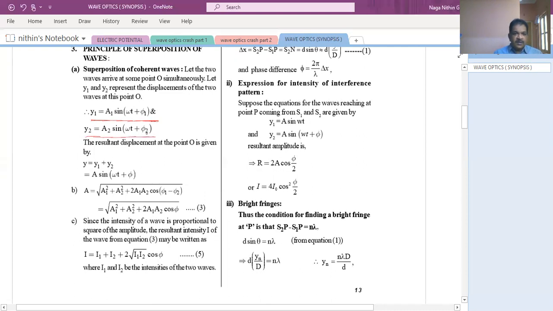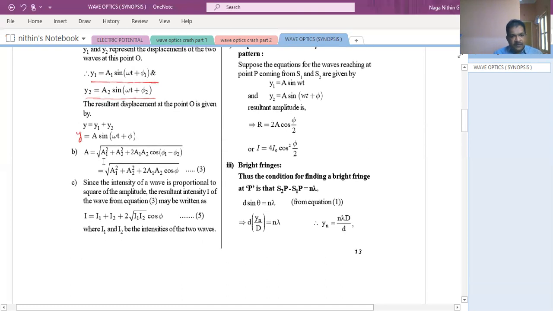Its displacement y2 is equal to a2 sin(omega t plus phi 2). phi 1, phi 2 are the phases of those waves. a1, a2 are their amplitudes. y1, y2 are their displacements. These two waves combine and form a resultant wave. Then the displacement of the resultant wave y is equal to a sin(omega t plus phi).